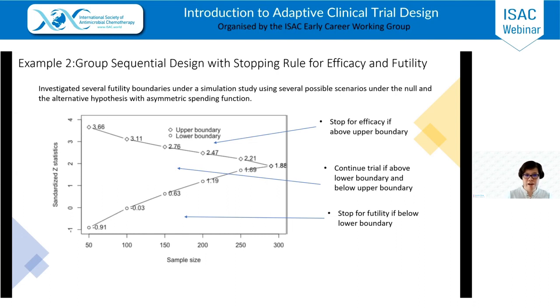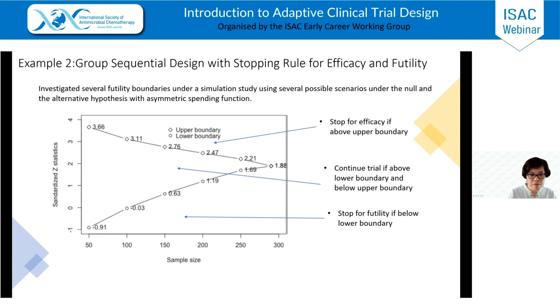Now I want to show the final. That's how they got there. So here you can think about this as a test statistic, and when you look at the 50 subjects, that's the first interim. If your test statistic is above 3.66, that means your treatment is significantly better.